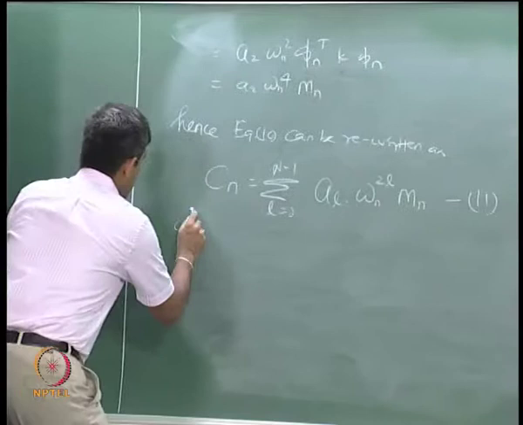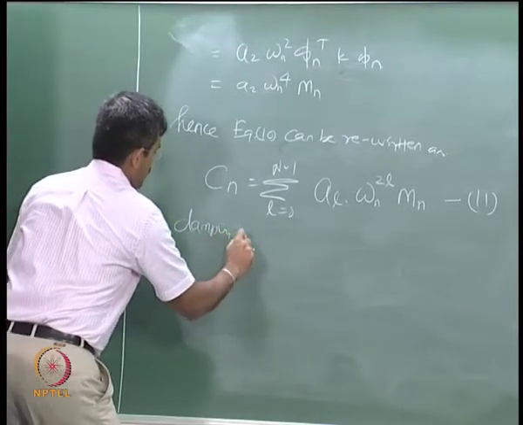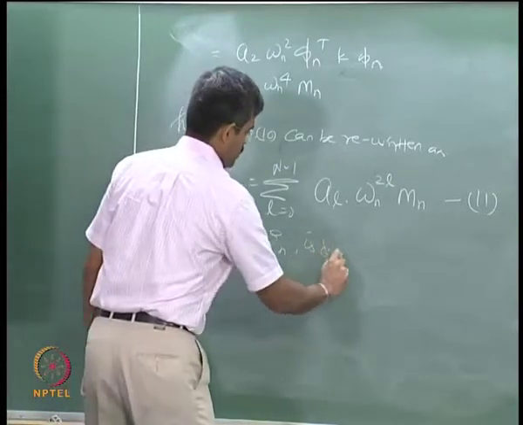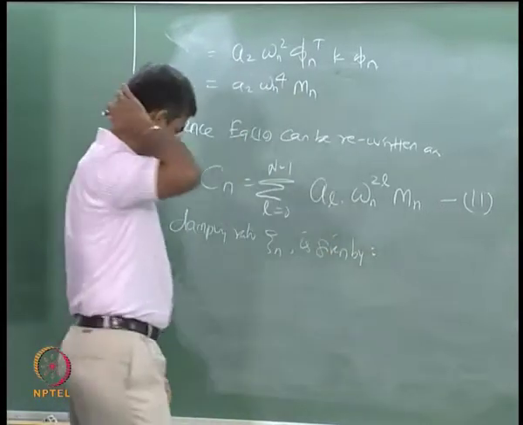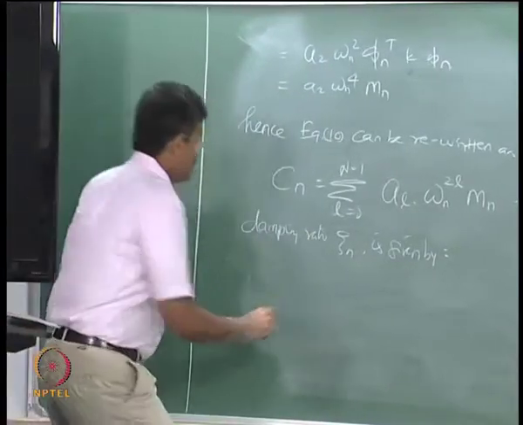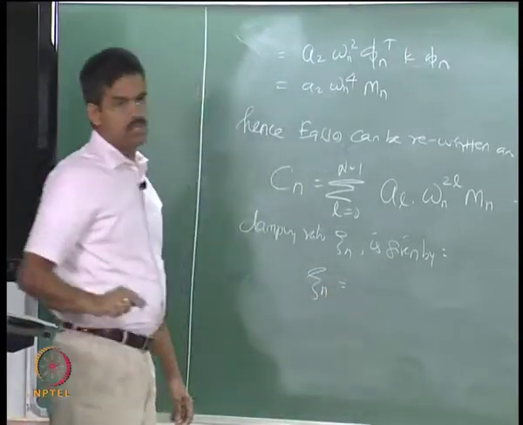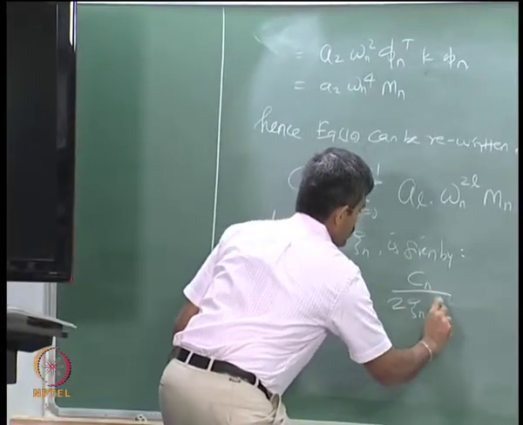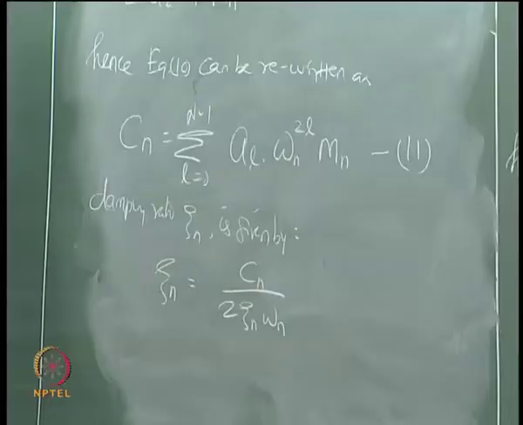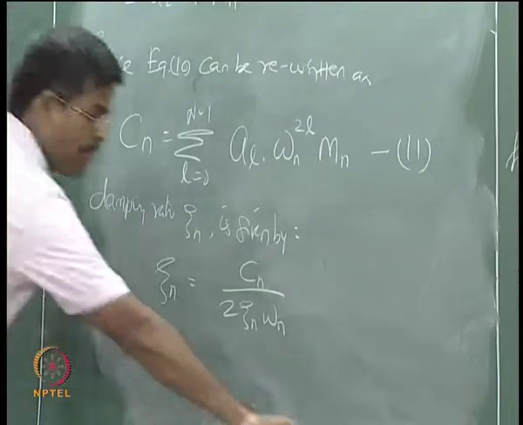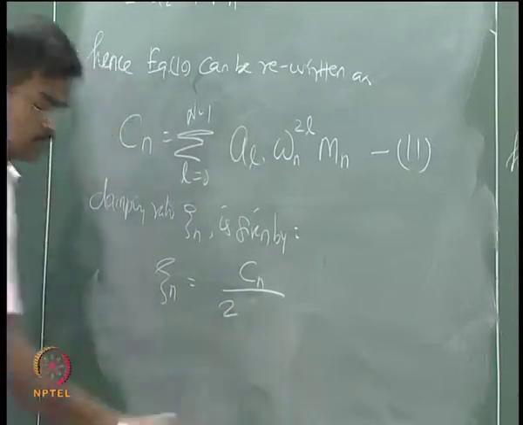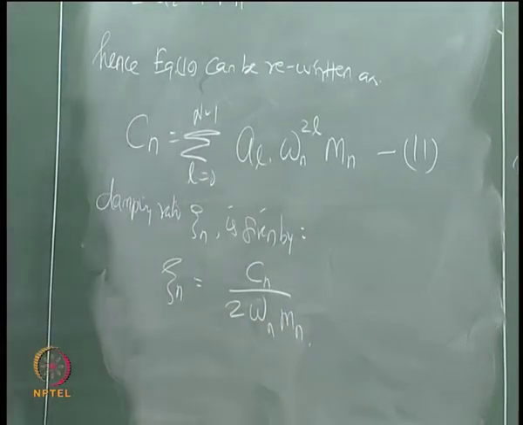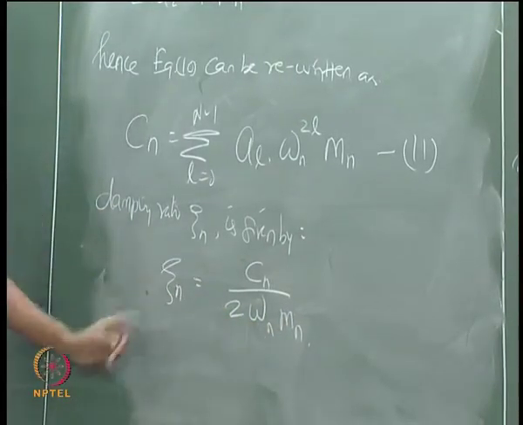And damping ratio zeta n, of course, is equal to Cn by 2 omega n mn, because C is equal to 2 zeta omega n m.